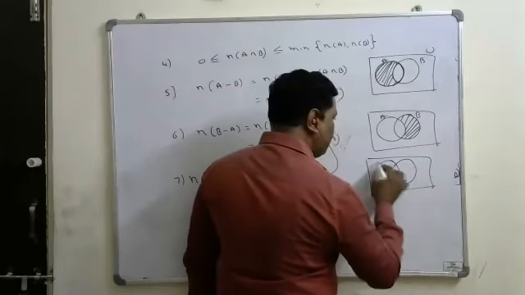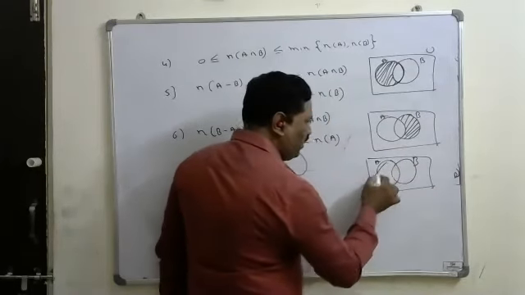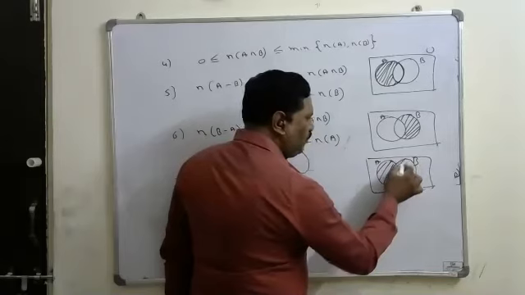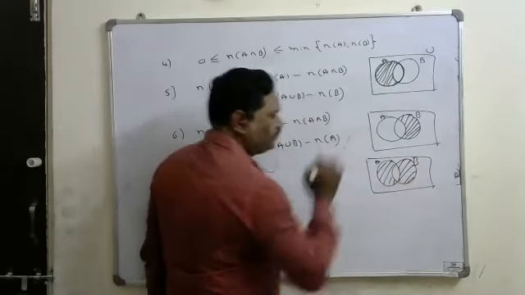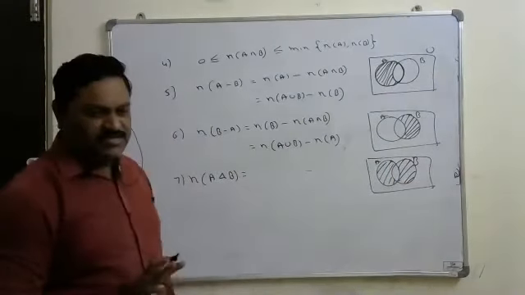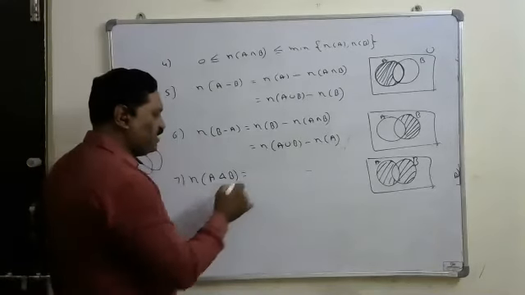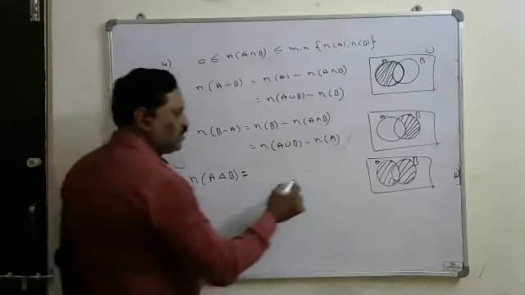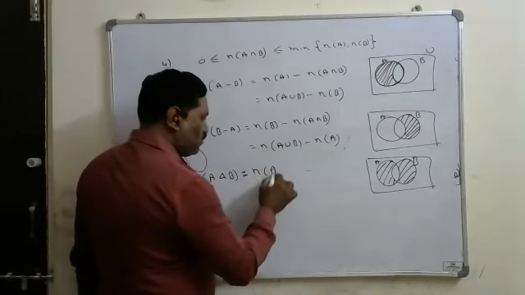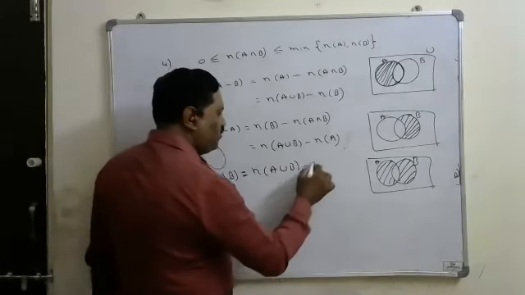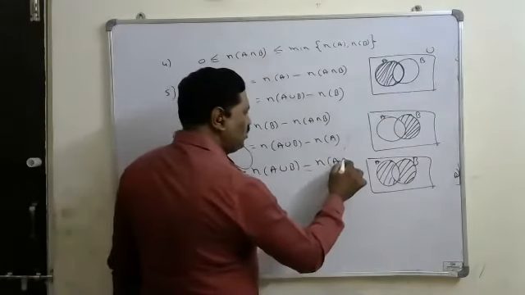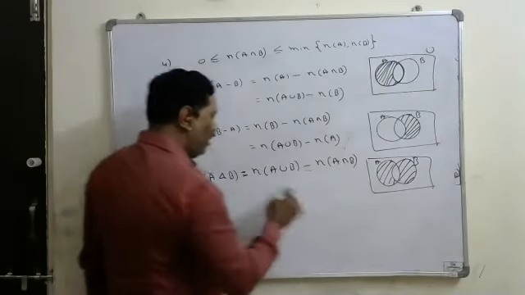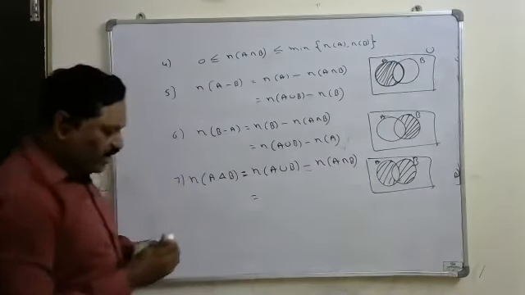This is set A and this is set B. A only is this hashed area, B only is this hashed area, so the entire hashed area we can consider. How do you write the formula for it? n of A union B minus n of A intersection B, we can write it. Or you can also write it another way.